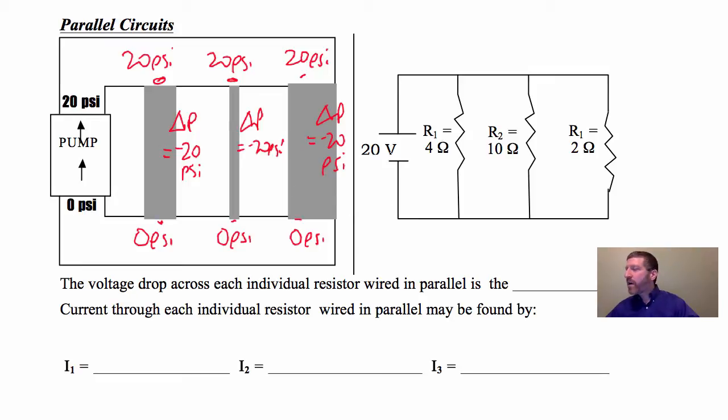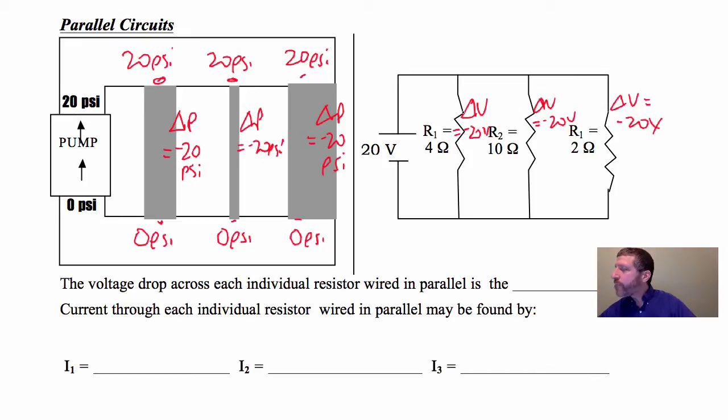Similarly, in our actual circuit here, the delta V's are going to be the same. For this resistor right here, delta V is equal to negative 20 volts, and delta V is equal to negative 20 volts for this one too.